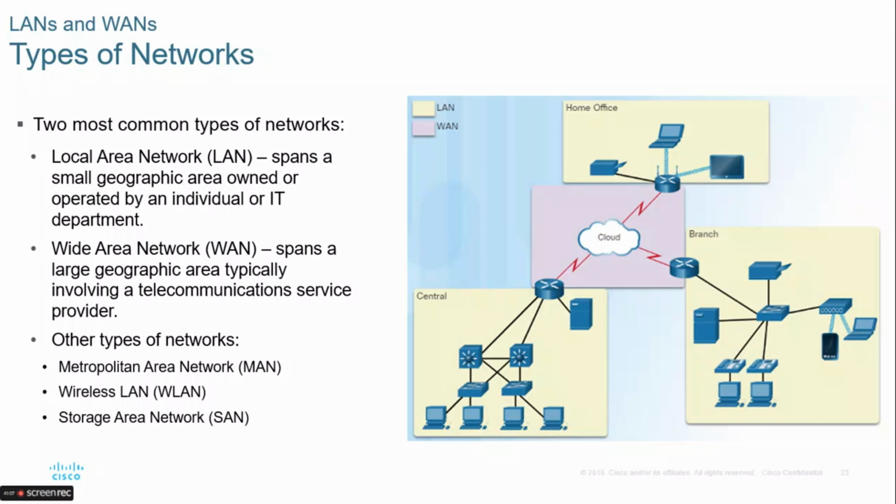Wide area network spans a large geographical area, typically involving a telecommunication service provider. So in this LAN section, it can be that you are connecting your phone through Bluetooth to a computer, or you are connecting your 2 phones to a computer, or you've interlinked your 2 computers. That's a LAN.